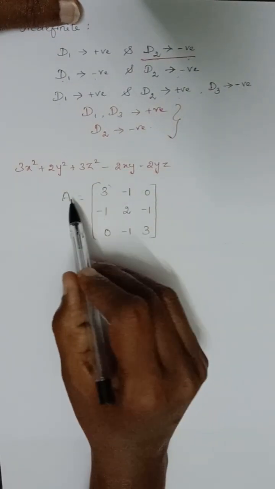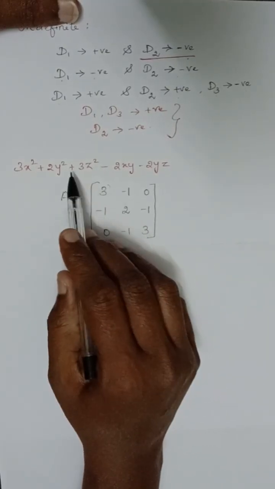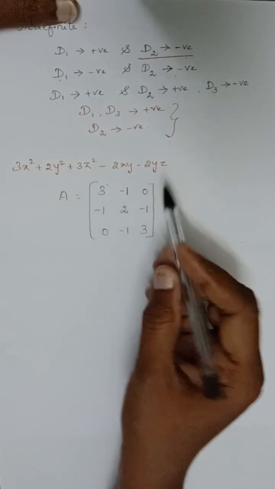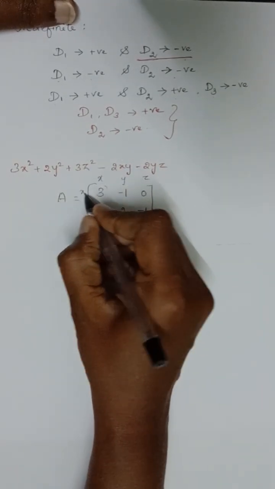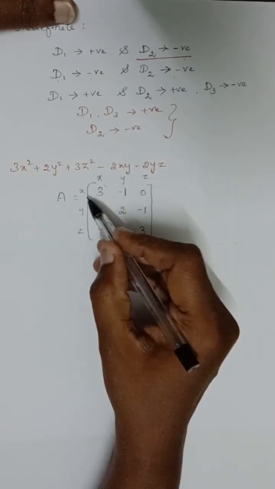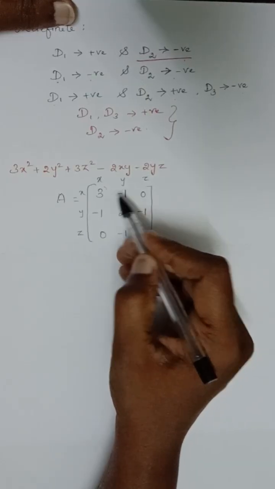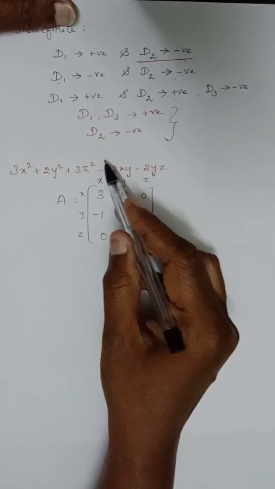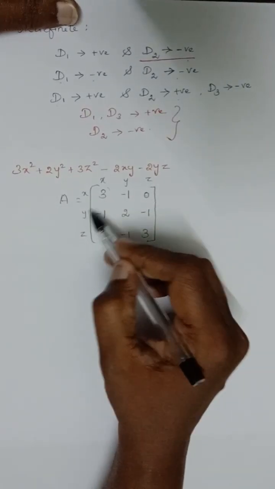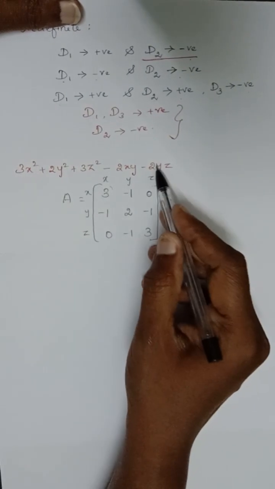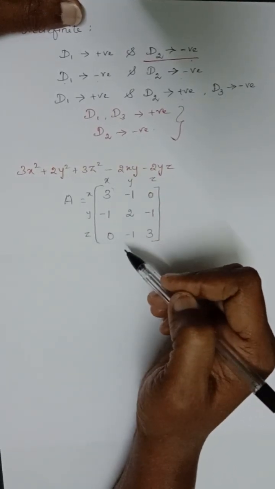The xy term is minus 2xy, so divided by 2 it gives minus 1. The xz term is not there, so we put 0. The yz term is minus 2, so divided by 2 it becomes minus 1. So now we have created the matrix.